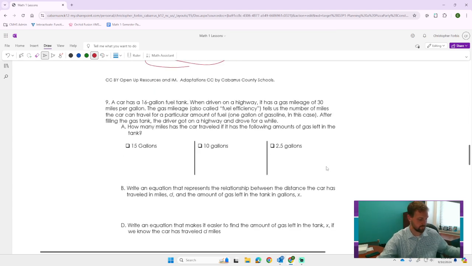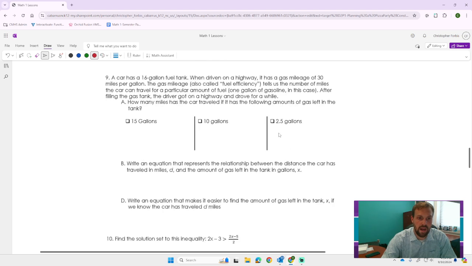Number 9. We are zooming, guys. A car has a 16-gallon fuel tank. When driven on the highway, it has a gas mileage of 30 miles per gallon.